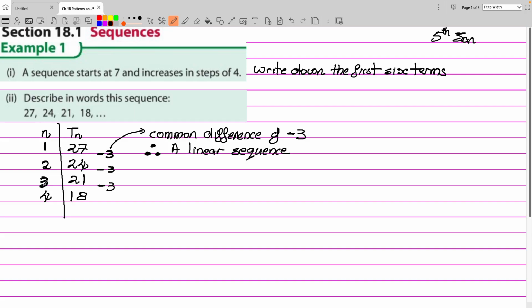The question here says to you, describe what the sequence is in words. So what you do, if this was ordinary level, you would say there is a common difference of -3. That's enough to get you full marks.